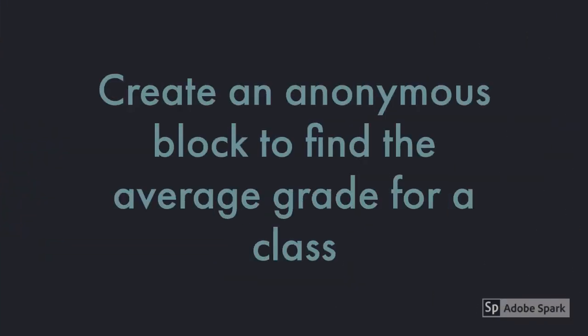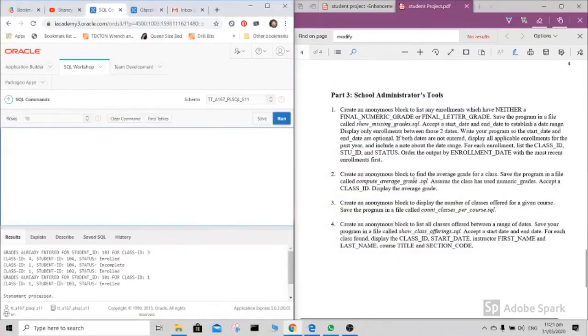The following anonymous block finds the average for a class. Assuming the class has used a numeric grade, it accepts a class ID and then displays the average grade.